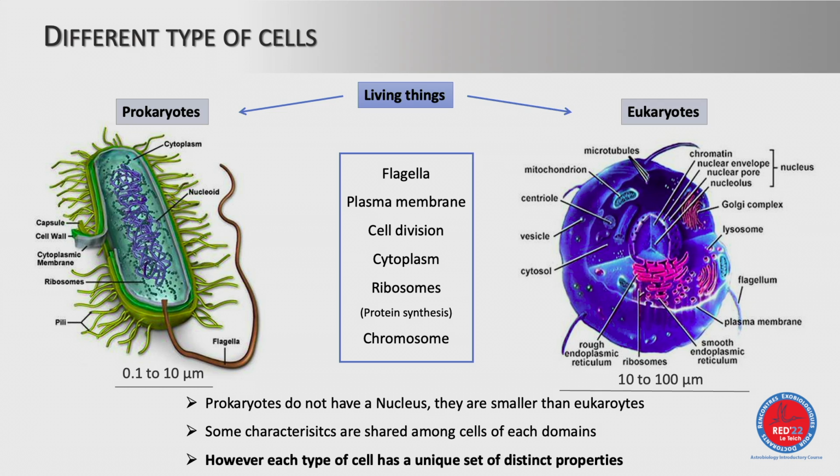They have a membrane, to exchange with the surrounding environments. They can divide to grow and multiply the number of cells. They have a cytoplasm, where you find all the genetic materials and so on. They have ribosomes for protein synthesis and chromosomes, like the DNA.